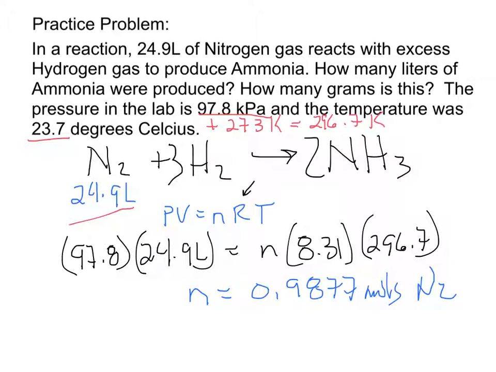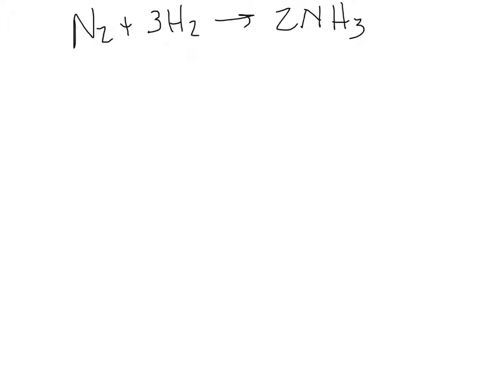So now that we have our moles of nitrogen gas, we'll go to the second step and turn it into moles of ammonia. Alright, if we remember on the last page, we had 0.9877 moles. So now we use our balanced chemical equation.